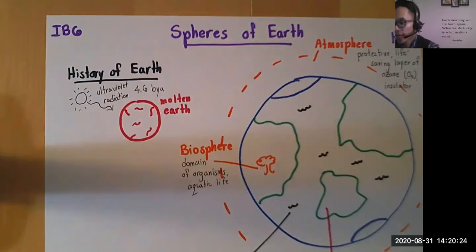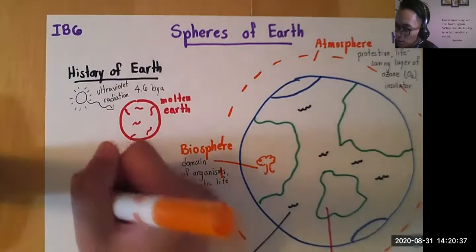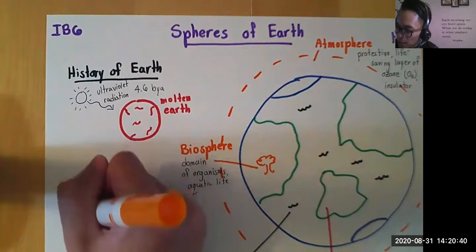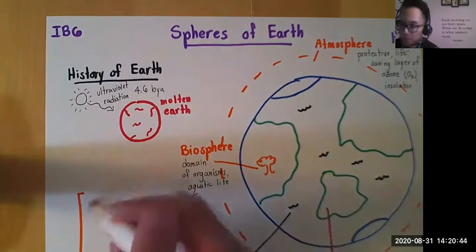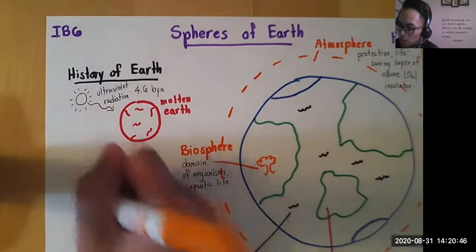So what we have, ladies and gentlemen, is a very basic timeline. We know the Earth is 4.6 billion years old. And the way we know it is we can actually study the rocks that come from the deepest, oldest parts of the Earth. That geology is a bit outside the scope of this class, but I just wanted to tell you how we know it's 4.6 billion. Okay.